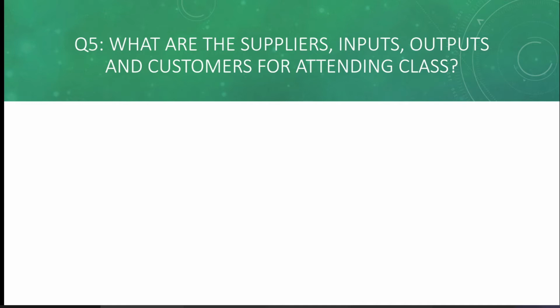Specifically for outputs, we also like to have things that are goods. Most of these are service type outputs, but we also like to have goods as outputs. So what would be an output as a physical thing that you have from class?